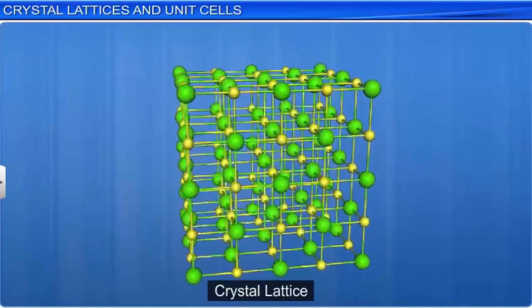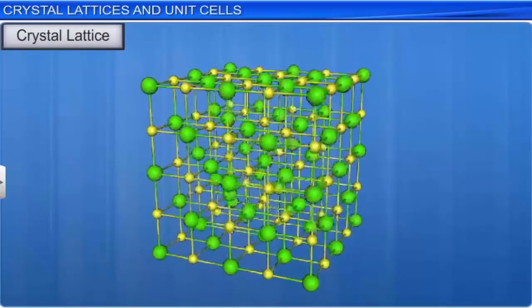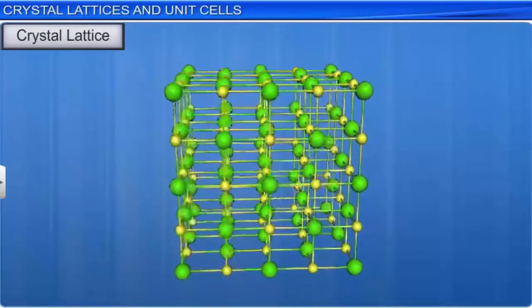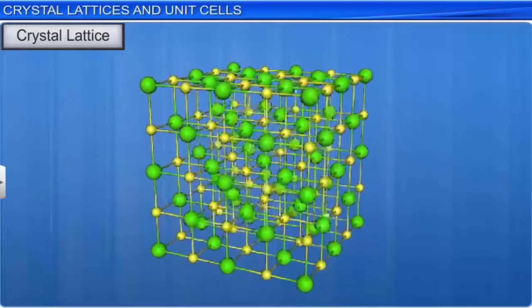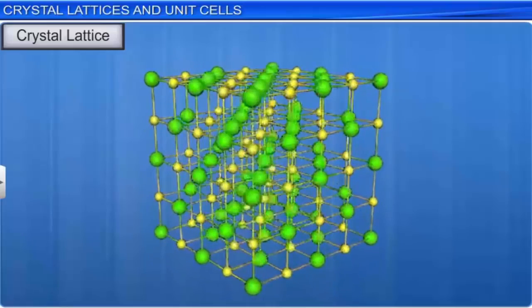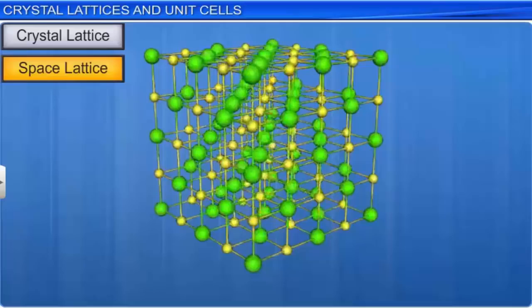Thus, a crystal lattice is a regular arrangement of the constituent atoms, ions, or molecules in 3-dimensional space. A crystal lattice is also called a space lattice or simply a lattice.